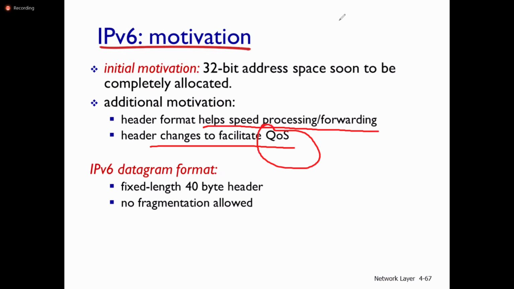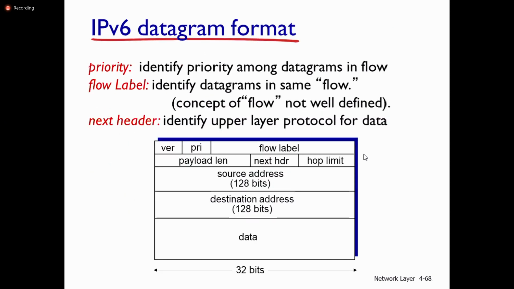If you look at the IPv6 datagram format, it has a fixed-length header of 40 bytes, and no fragmentation is allowed. No fragmentation and reassembly in IPv6.